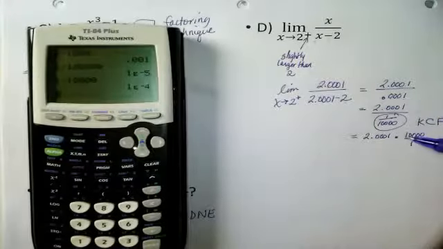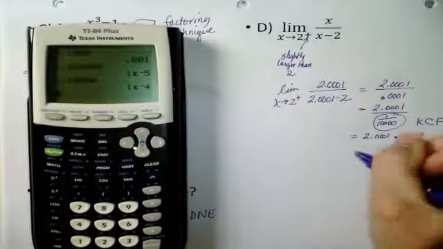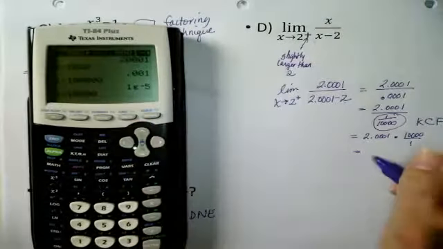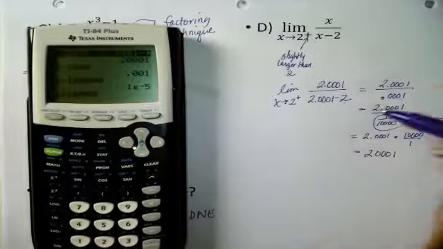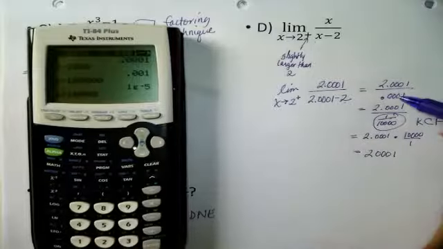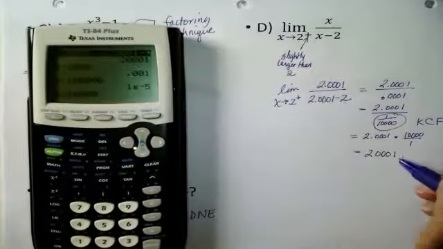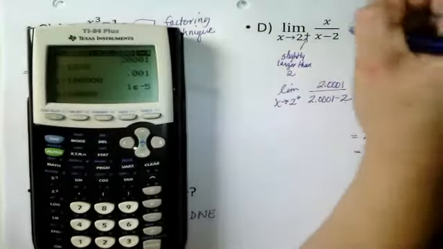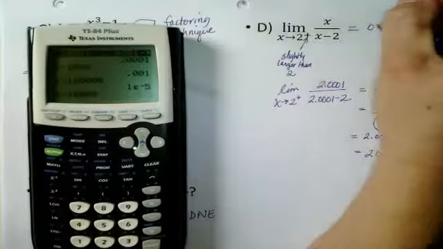Our number becomes very, very large. And so you can imagine that if I added another 0 in here, then this becomes 200,000. And if I added another 0, 2 million, all right? And so what's happening here? This function is going to infinity.